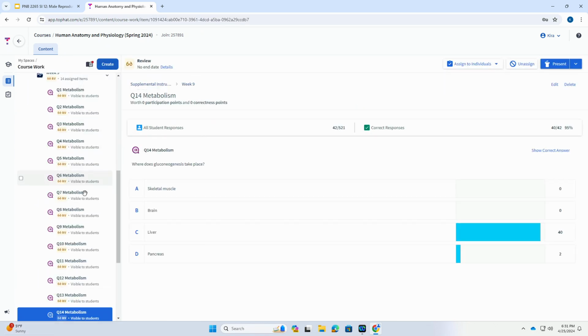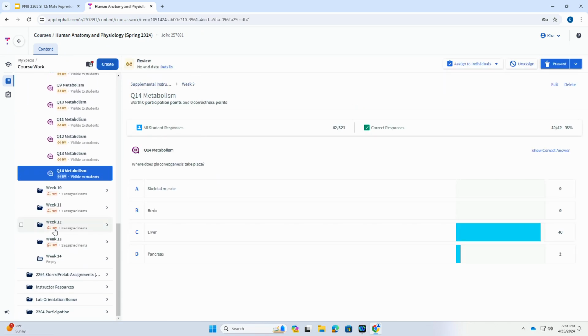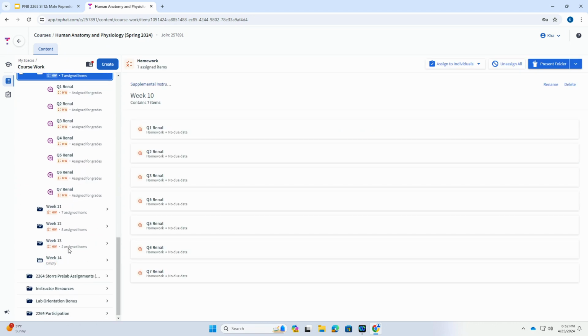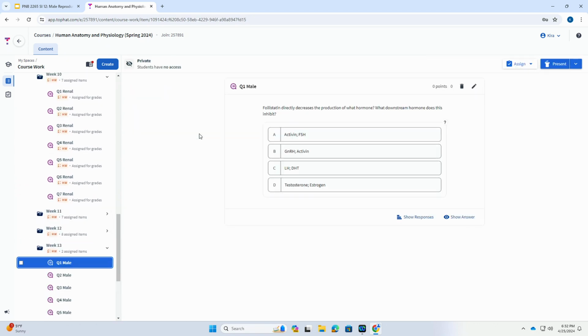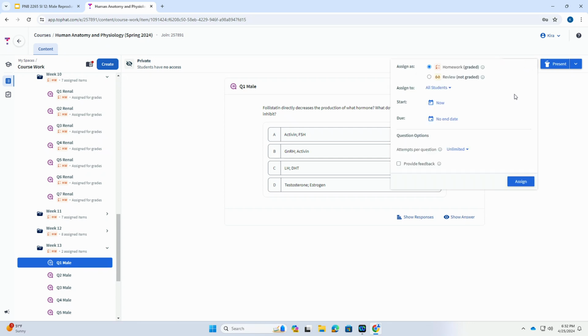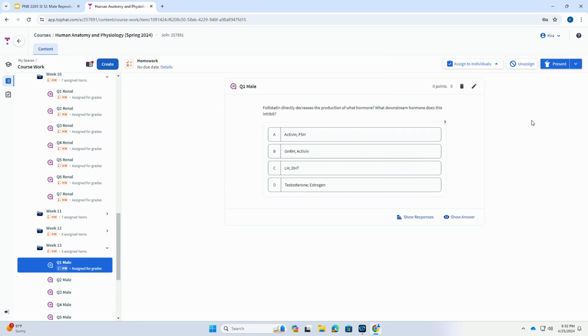Okay, we'll start right with the hormones. Follistatin directly decreases the production of what hormone, and what downstream hormone does this inhibit?